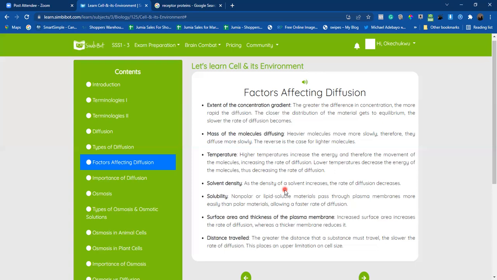Solvent plus solute equals solution. If the density of the solvent is high, the rate of diffusion will be low. If the density of the solvent is lower, the rate of diffusion will be high.